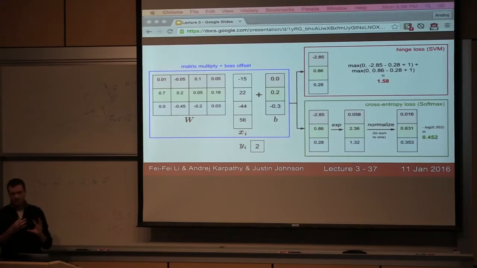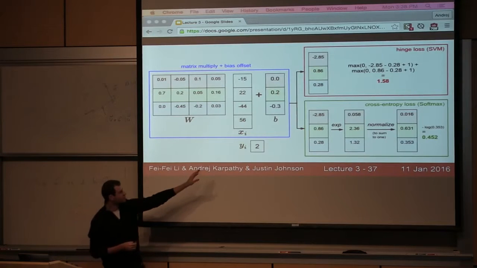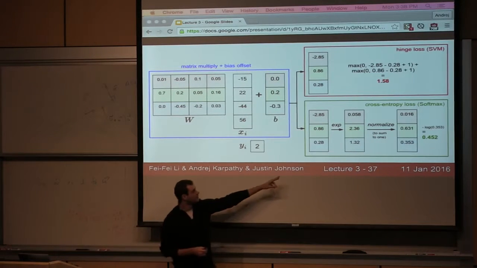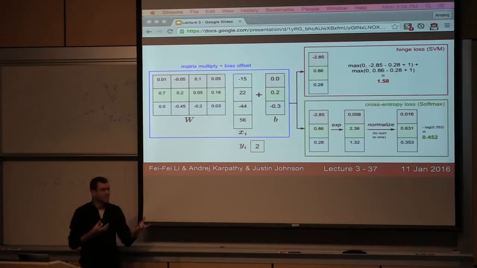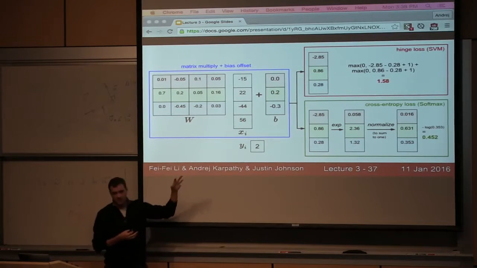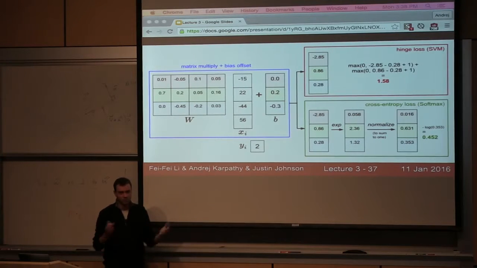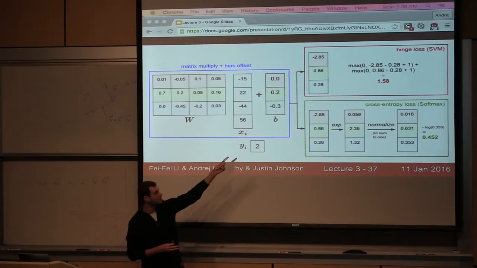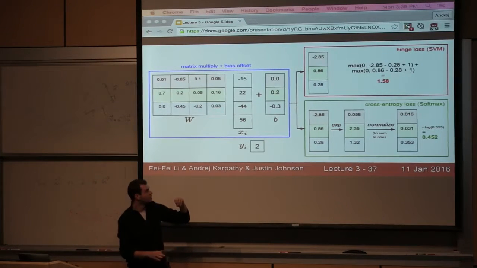Just to reiterate the difference between them and really what they look like: we have the score function, which gives us Wx plus b. We get our scores vector. And now the difference is just how they interpret what these scores coming out from this f function are. Either it's just random scores, no interpretation whatsoever. We just want the correct score to be some margin above the incorrect scores.